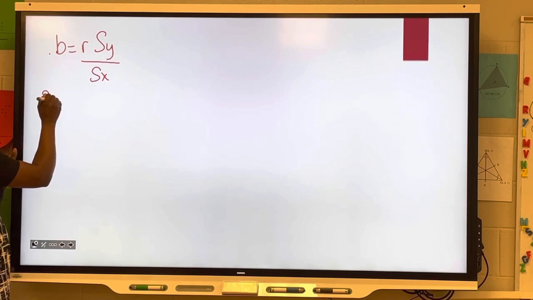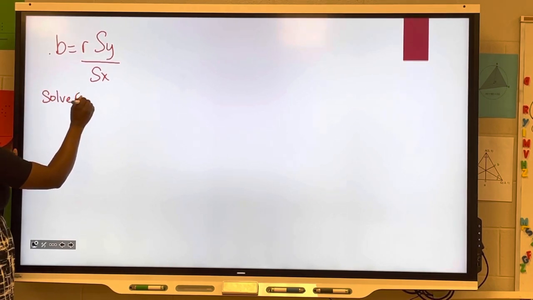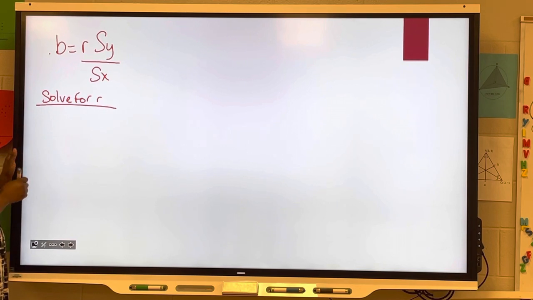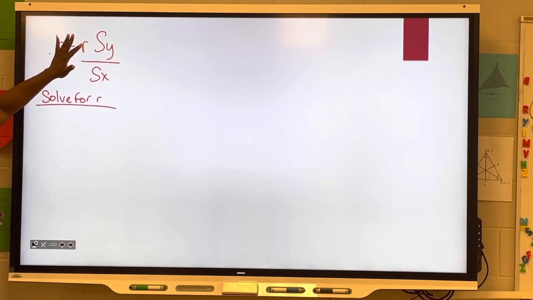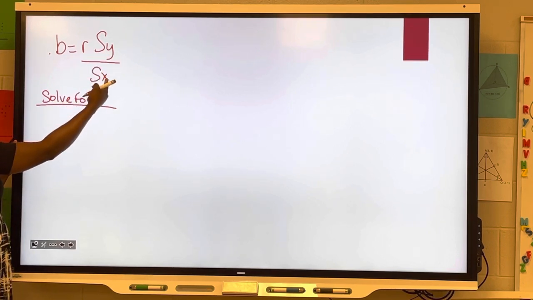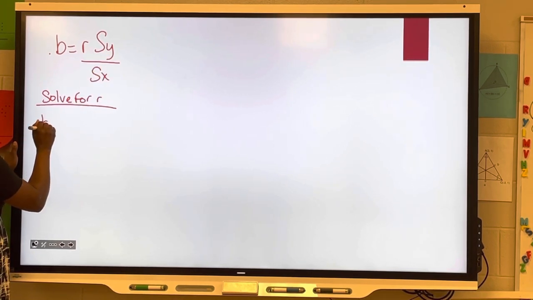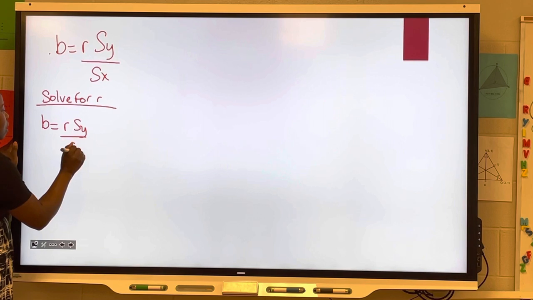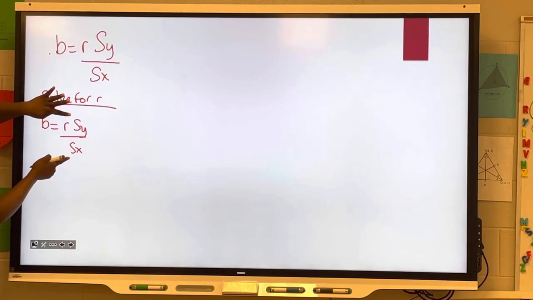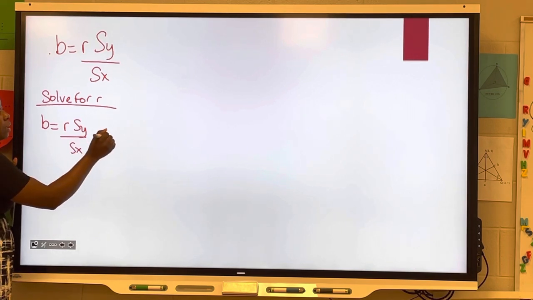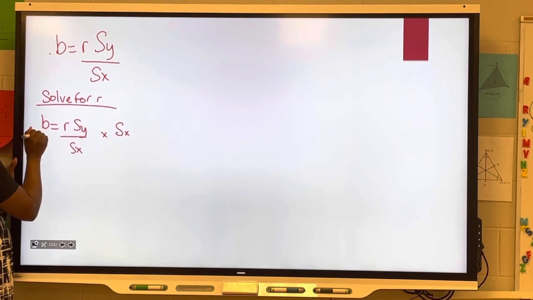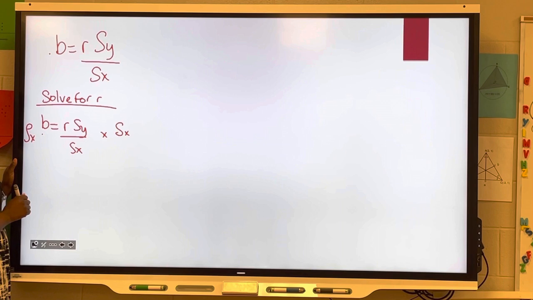So right here, I'm going to solve for r. If I want to solve for r, I must undo every operation so r stays by itself. These two are dividing, the numerator and the denominator. What we do is multiply by the denominator on both sides, so this cancels that.